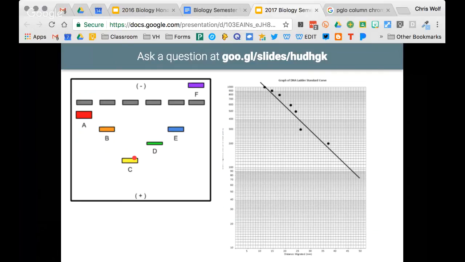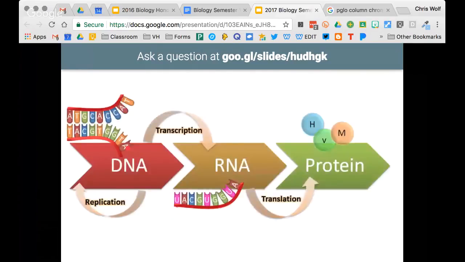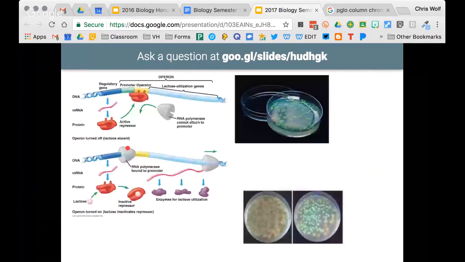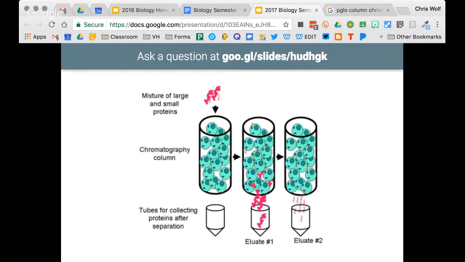It's a pure sample. If you have multiple bands in a lane, it means you have an impure sample. You have multiple kinds of proteins. So column chromatography and gel electrophoresis can be used in tandem. The column purifies it. This gets you the pure sample. A gel would then test to see if your sample is pure. If it is, you should see one band in your gel.